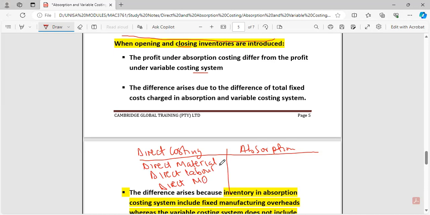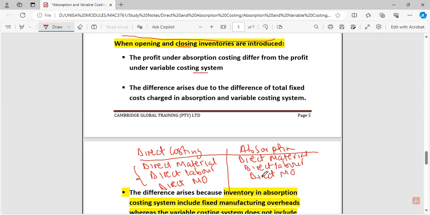You are going to use them to value your inventory. But when you use absorption, you are going to have your direct material, your direct labor, your variable manufacturing overheads.